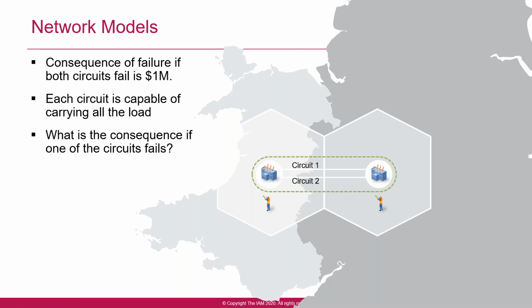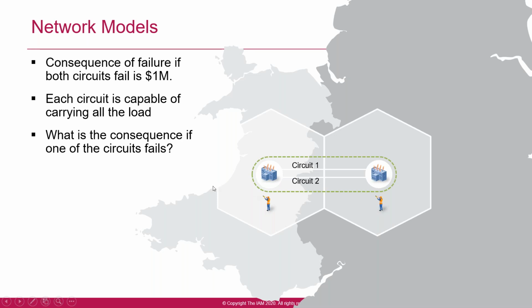Well, the answer is, of course, somewhere in between. And the answer depends upon, if circuit 1 fails, what's the probability that circuit 2 is going to be down at the same time as that failure? If the world was so simple and it was only 2 assets in parallel, life would be kind of easy.